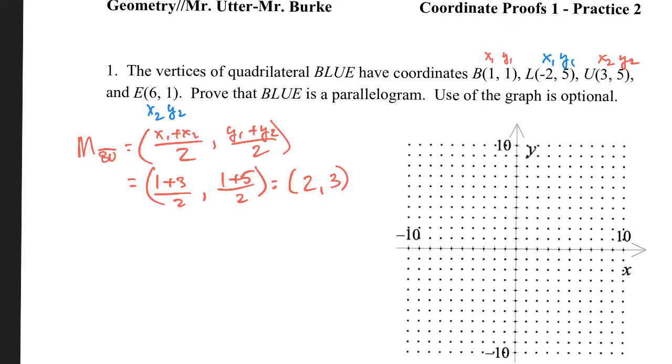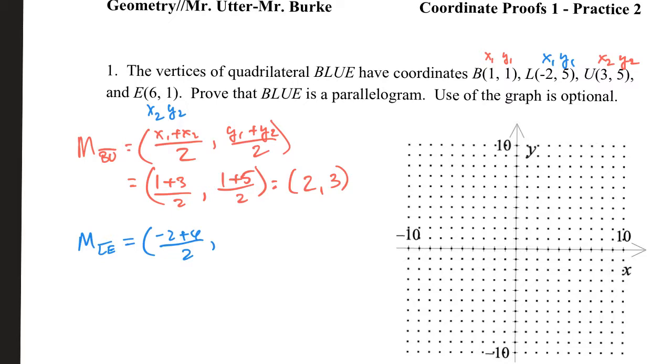Hopefully it works out. So the midpoint of my other one is LE. Oops, got ahead of myself. LE, there we go. I won't write the formula this time because I already did it once. My x's are -2 and plus 6 divided by 2.